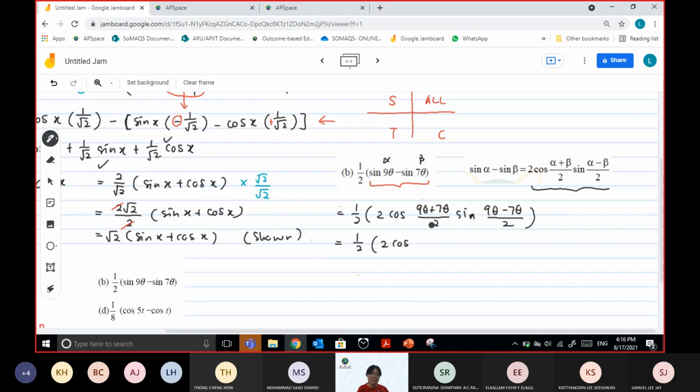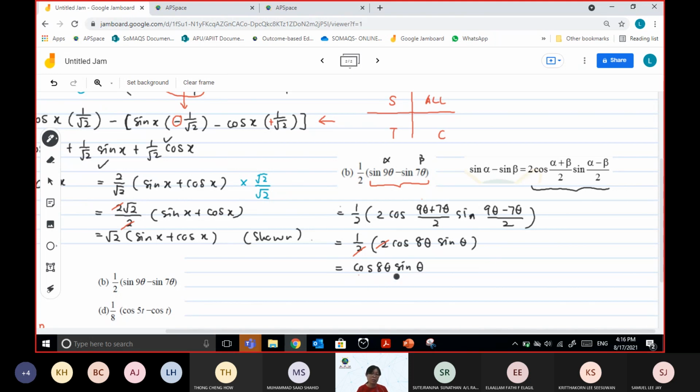So 9 plus 7, 16 over 2, 8 theta. 9 minus 7, 2 theta over 2, so sine theta. Then we can cancel the 2. So our answer is cos 8 theta sine theta.